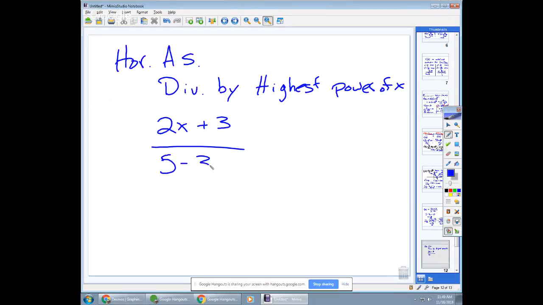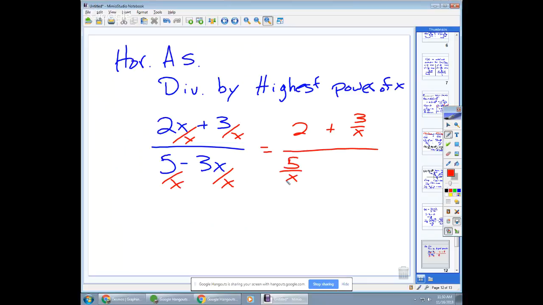So what I mean is divide everything by x. This gets divided by x, that gets divided by x, that gets divided by x, and that gets divided by x. So I'm dividing top and bottom by x. Here, 2x over x is just 2, but I have plus 3 over x. Here I'm stuck with a 5 over x minus 3.